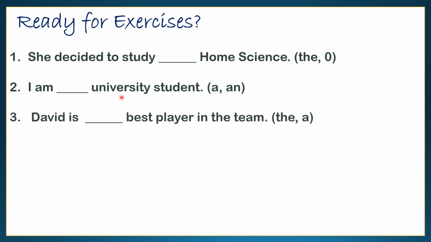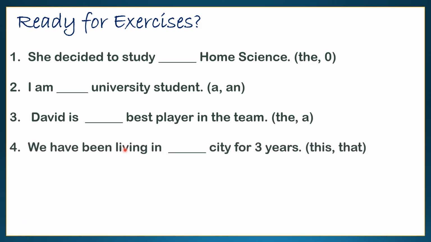The third option is David is dash best player in the team. We are given two choices there. Fourth one, we have been living in dash city for 3 years. Two choices, this and that, because we are talking about city, it's a singular noun, so we are given this and that.